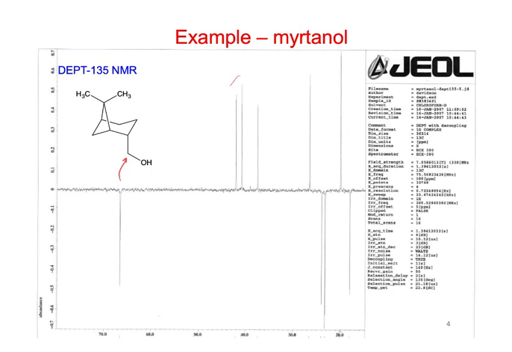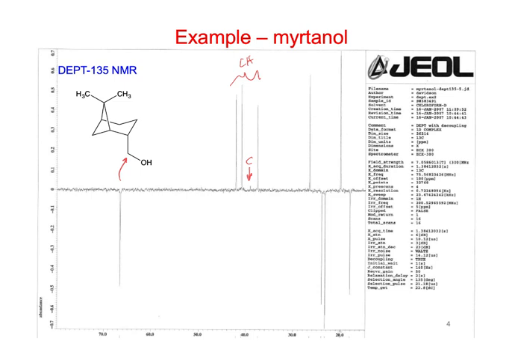These three are the CHs. Notice that this peak right here is mostly gone, so this is a quaternary carbon. You were right on that.